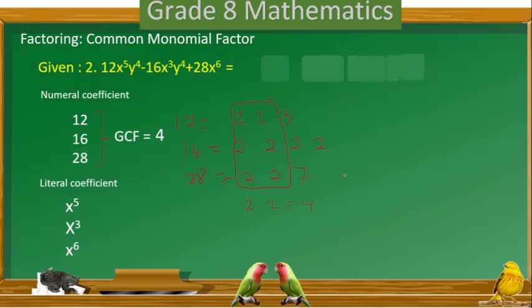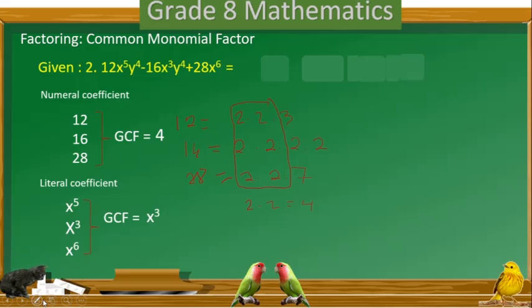Now, for the literal coefficient, we select the least exponent. The other exponents are 5 and 6, so the smallest is 3, x cubed.